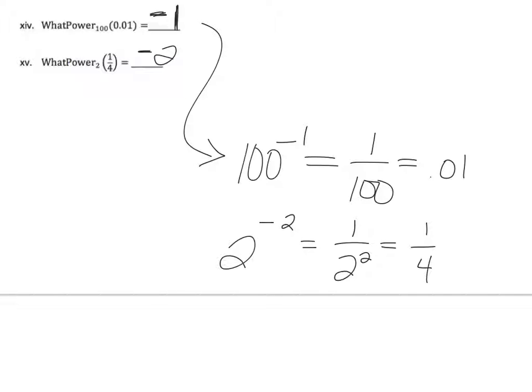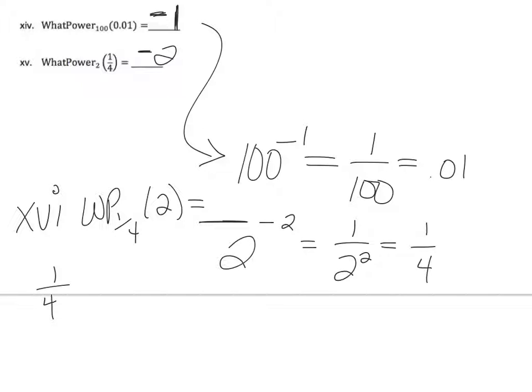Oh, did I miss one? I think I did. Sorry. Let's do 16. That is what power base 1/4 of 2 equals something. So that's going to be 1/4 to the what power equals 2.